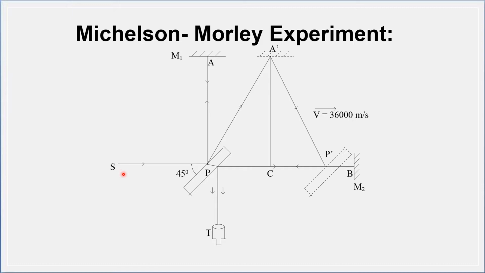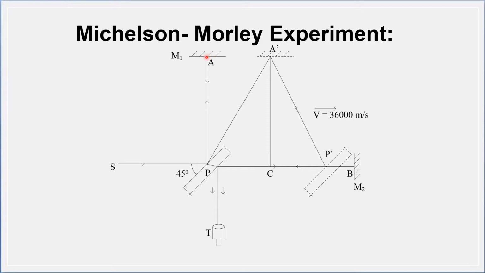So in the experiment, the beam of light from S is incident at the point P at an angle of 45 degrees. Now at the point P, the beam will get reflected perpendicular to its incidence and it will strike the mirror M1.